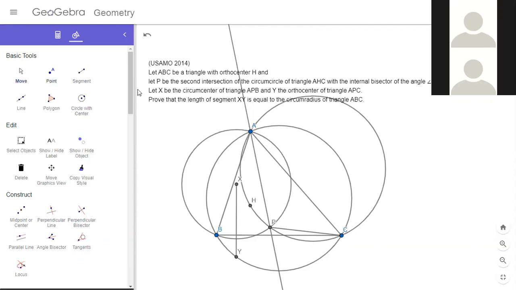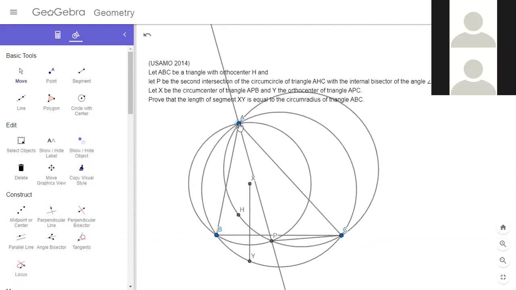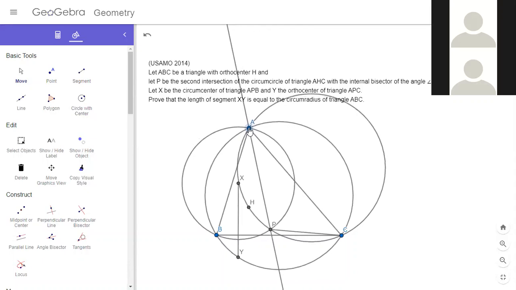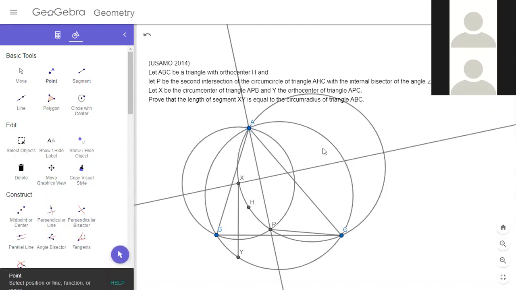X, is XY perpendicular to BC? It looks like it. I wonder if that's just a symmetry argument, because X lies on the perpendicular bisector of AP. And I think this point is the reflection of Y over AC.